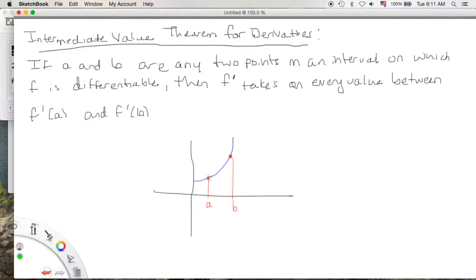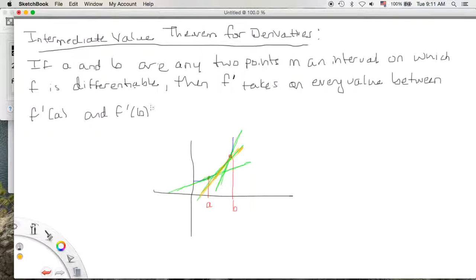If we take our derivative, which remember is the slope of the tangent line, at a, and then we take our derivative at b, then you notice that the tangent line turns as it goes up. In the middle here, the slope is sort of between the two slopes of those. So we have this in-between value, and the line just keeps tilting up.